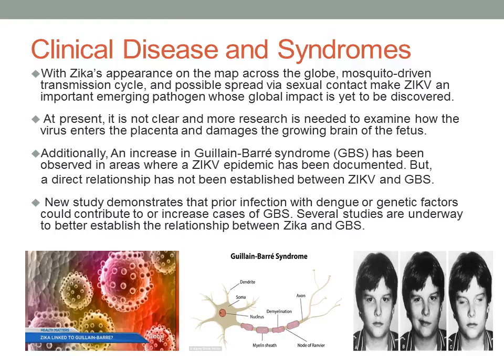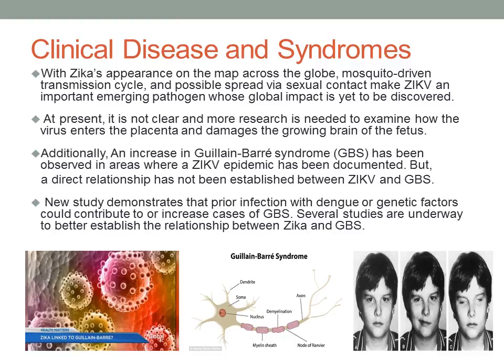At present, it is not clear and more research is needed to examine how the virus enters the placenta and damages the growing brain of the fetus. Additionally, an increase in Guillain-Barré syndrome has been observed in areas where a Zika epidemic has been documented. The disease affects a person's own immune system, resulting in damaged nerve cells, causing weakness and paralysis.